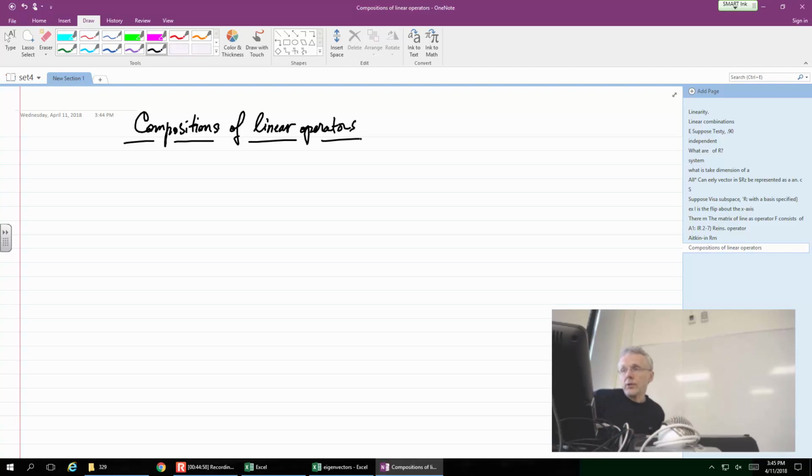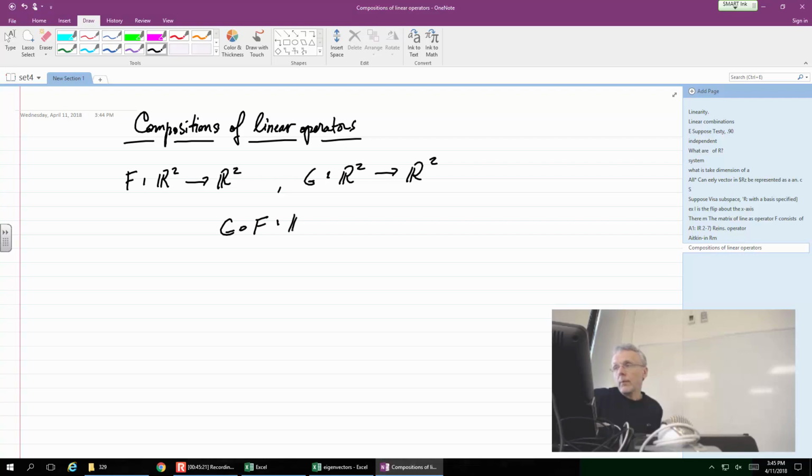And the notation is, remember, f from R2 to R2, g from R2 to R2. We can compose them together: technically in the opposite order, g circle f from R2 to R2.